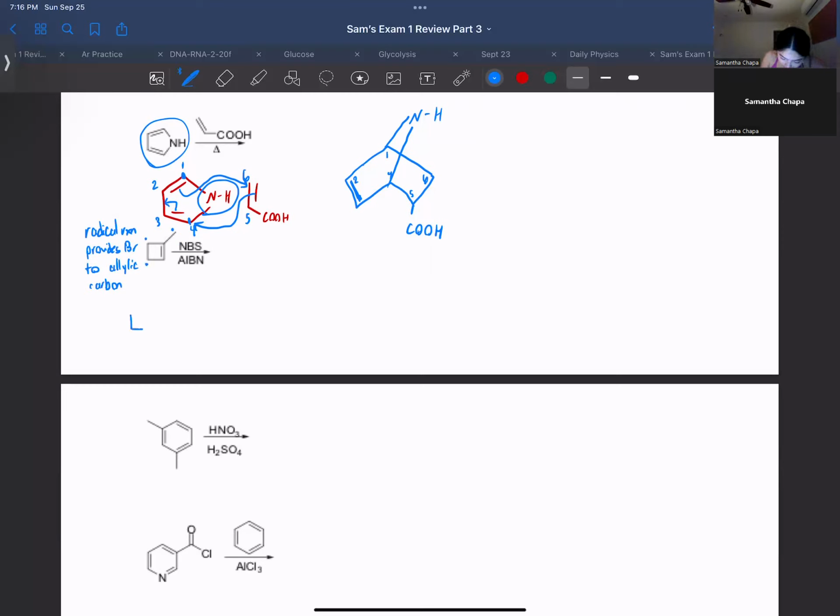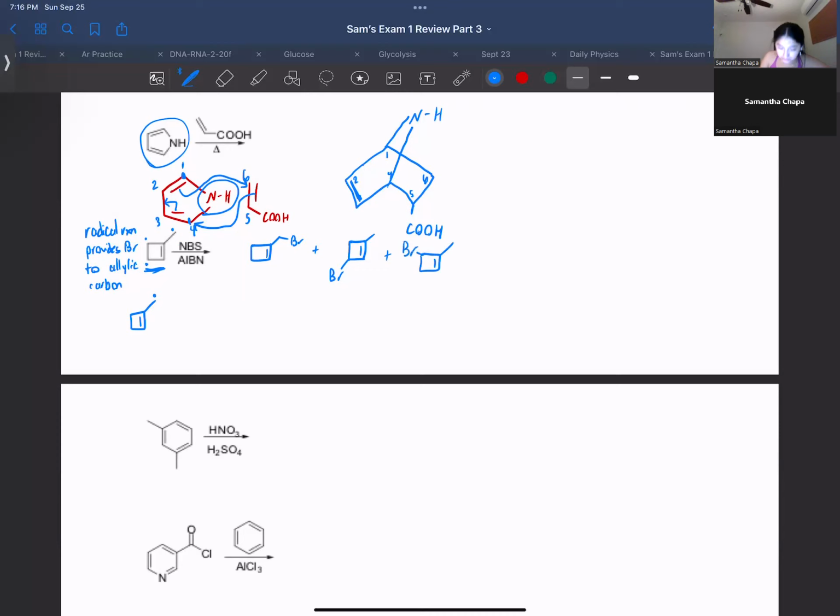And then I'm going to bring one of them down. So this radical, this is already somewhere I can place my bromine. Or I'm just going to place my bromine on all the places that I place my radicals in this one right here. So bromine, that's one. Bromine, that's another one.